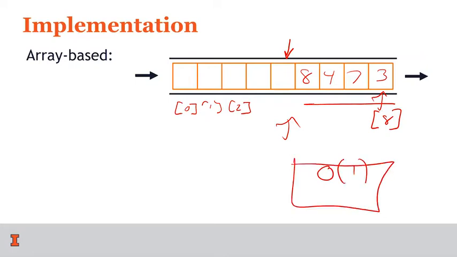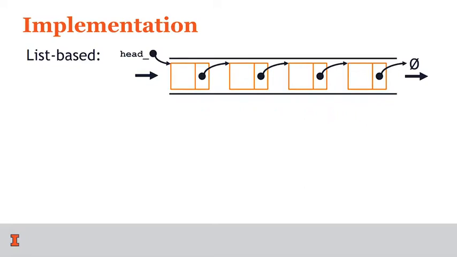A list implementation is slightly different. We're going to have a linked list, and we know in a linked list we can insert at front in O(1) time. By inserting at front in O(1) time, we can continually add things to the head as they arrive into our list. What we absolutely don't want to do is to have to traverse through the entire list.